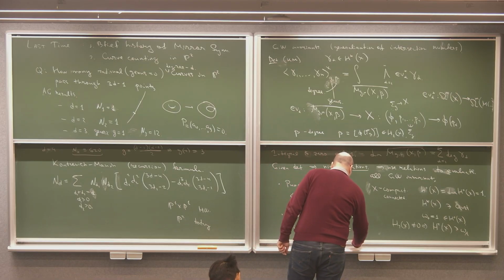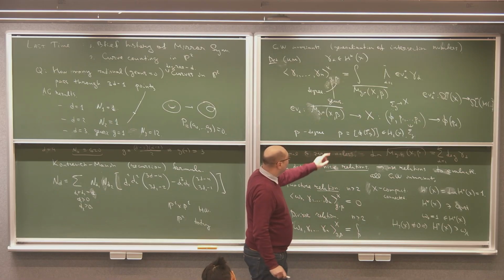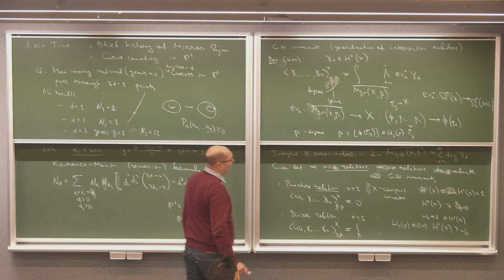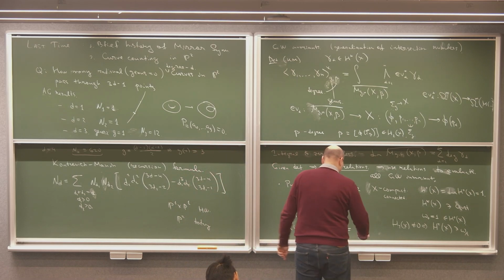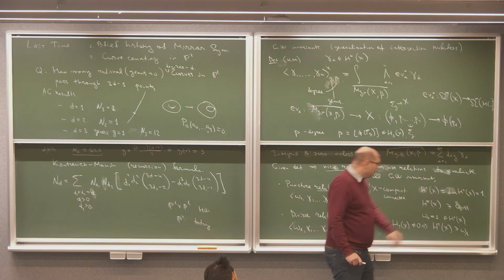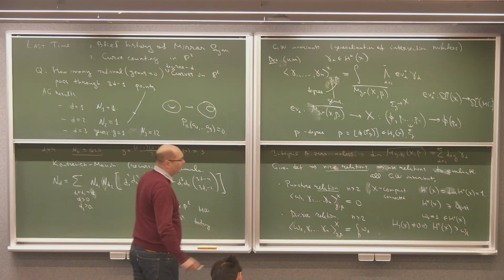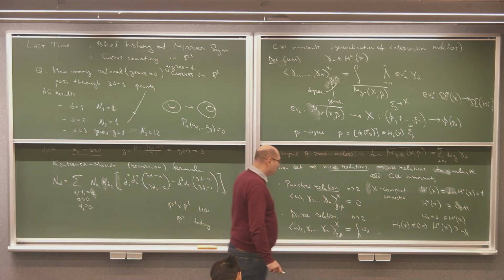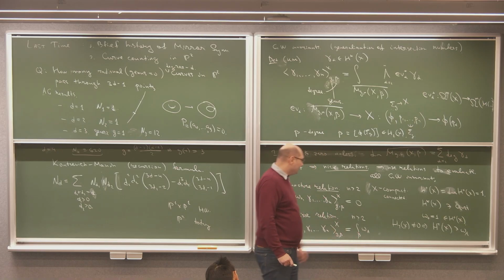So what we need to do: beta is some element of H_2, so it is some cycle, and then we can integrate this element of cohomology, for which we take some representative, some differential form of degree 2, over beta.